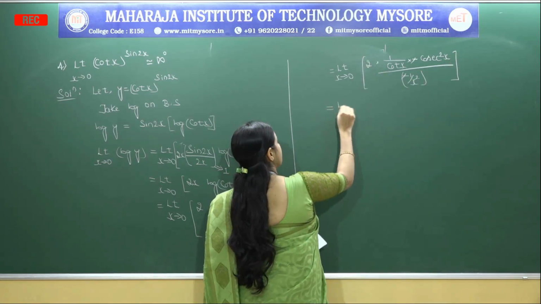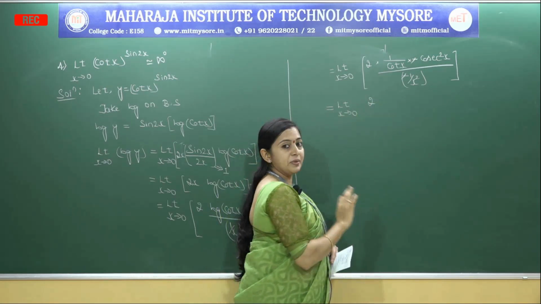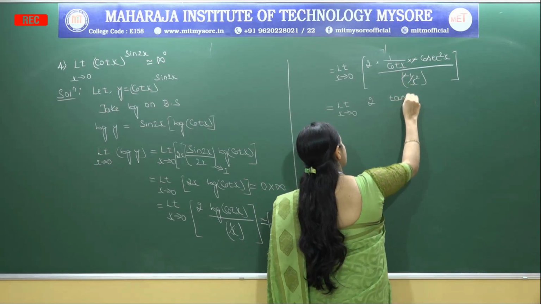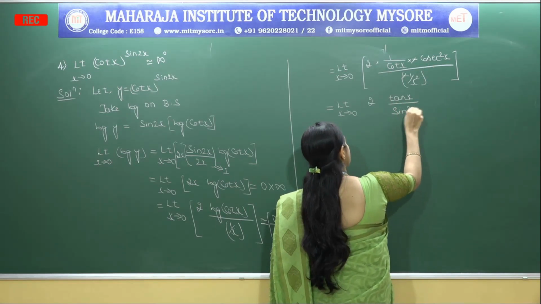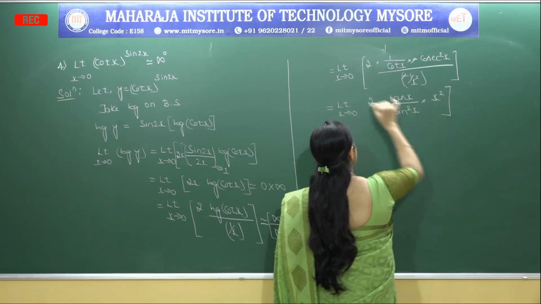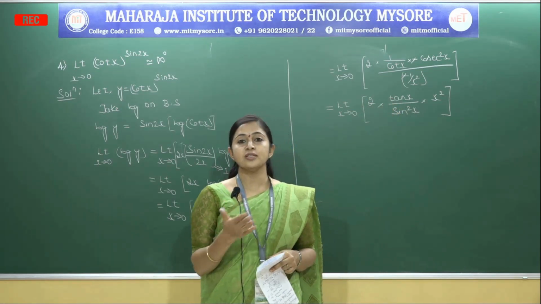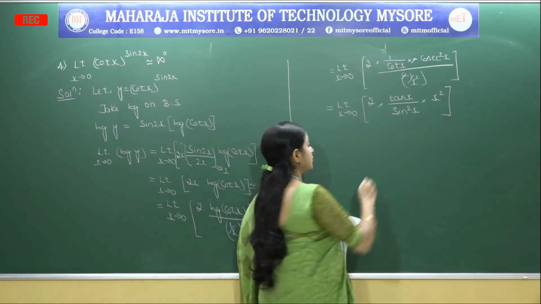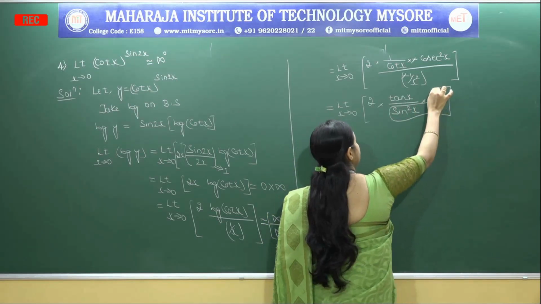This limit as x tends to 0, this 2 you keep as it is, then write 1 by cot x as tan x, write the cosecant as sin square x, take this x square to the numerator. As I already said, whether you have sin x or tan x in the problem, try to apply the limit as x tends to 0. Since you have sin square x, you have x square, you can group these two.